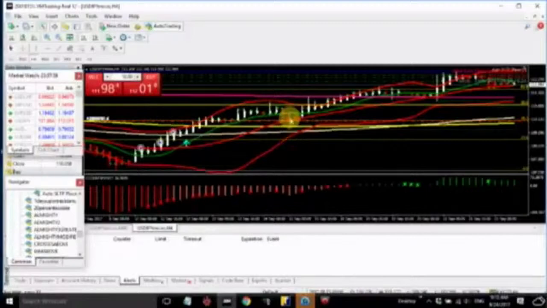Definitely when you look at the 30-minute chart, this is when the price visits the moving average period 200. See what is going on right here.